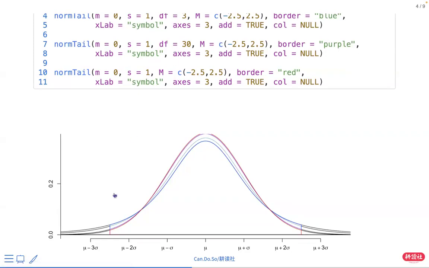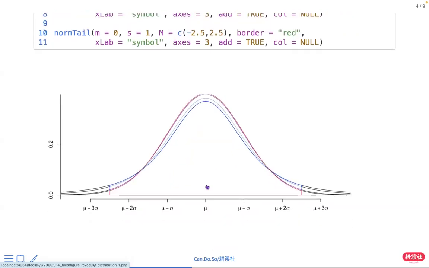You see that if the degrees of freedom is 30, it's very close to the normal distribution. The red one is the normal distribution, and the purple one is the t-distribution with 30 degrees of freedom.